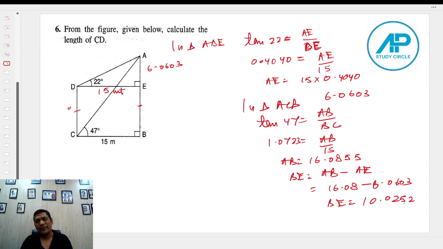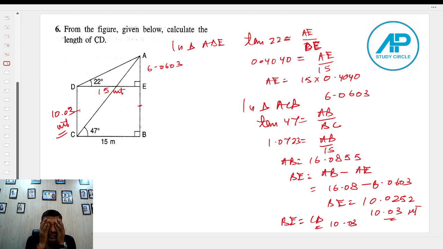I don't need to find the value to four places, so you can have 10.03 also as the value. So when BE is equal to CD, it gives you 10.03 meters. The value of CD is 10.03 meters.